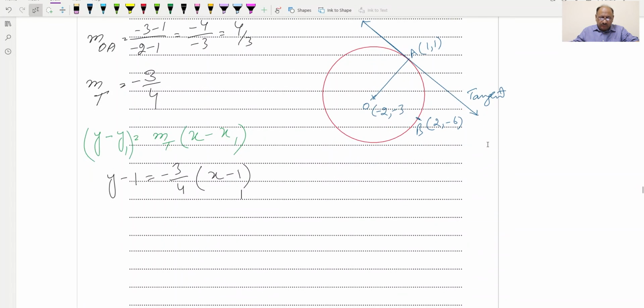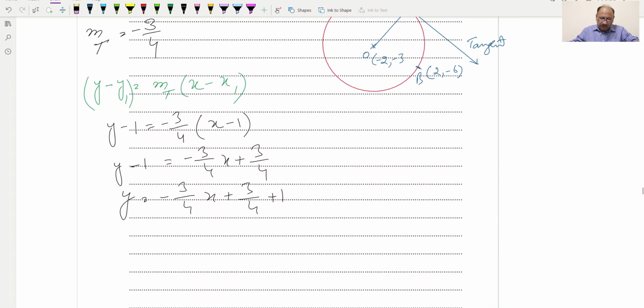Now further we can simplify this: y minus 1 is equal to minus 3 by 4 x plus 3 by 4, and y is equal to minus 3 by 4 x plus 3 by 4 plus 1. This one we can solve with the calculator, or otherwise we will multiply everything by 4 to get rid of the denominator.